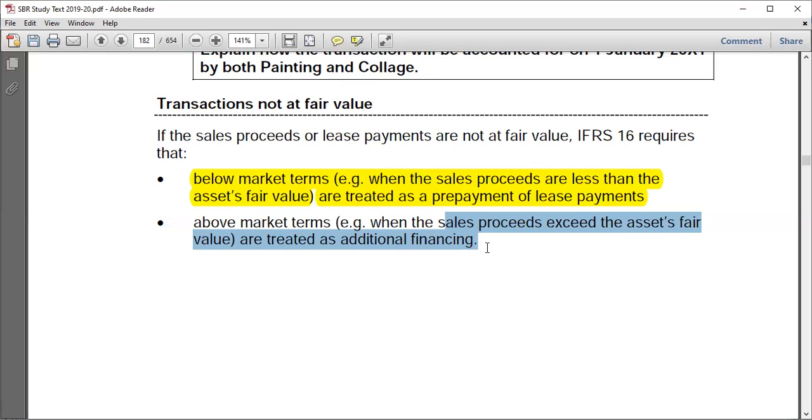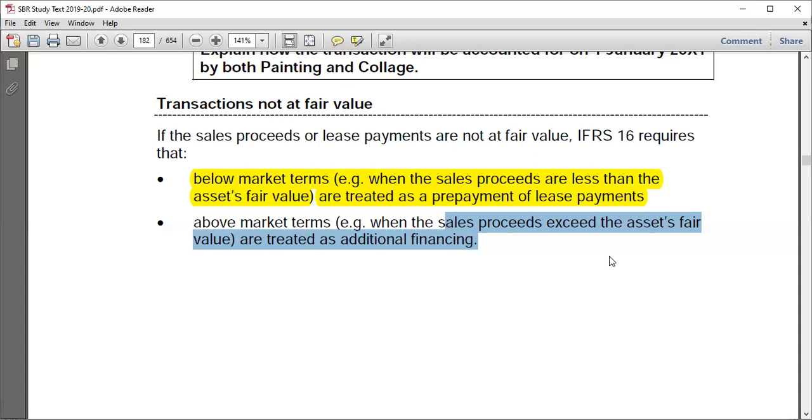I mean, you have sold to them. I'm just trying to distinguish it. You could be speaking in terms of the side of the lessor or the side of the lessee. It just depends on the side you speak of, right? For this case, if you say it this way, sales proceeds exceed the asset fair value. You have sold an asset worth 40 million for 50 million. That means they have given you something already, right?